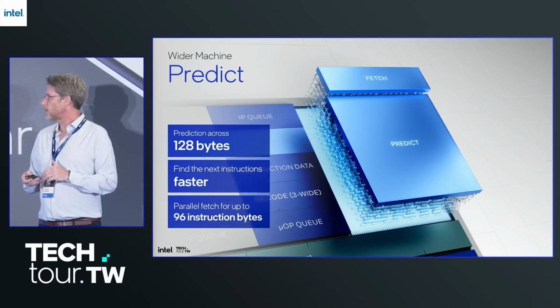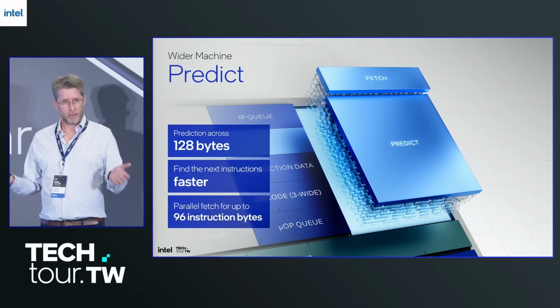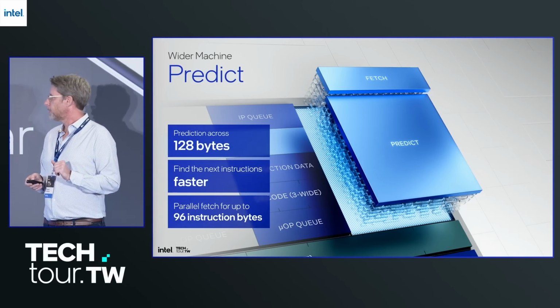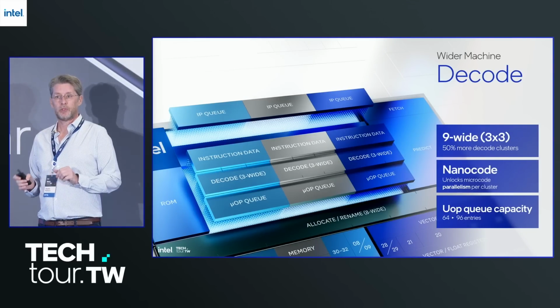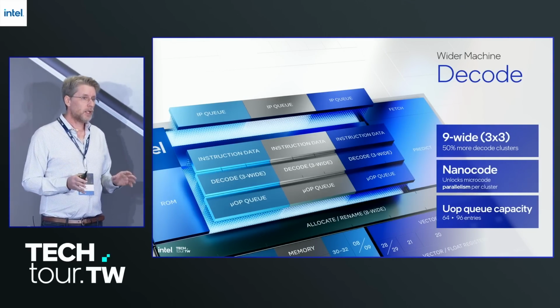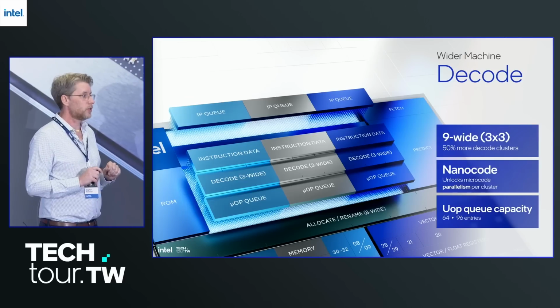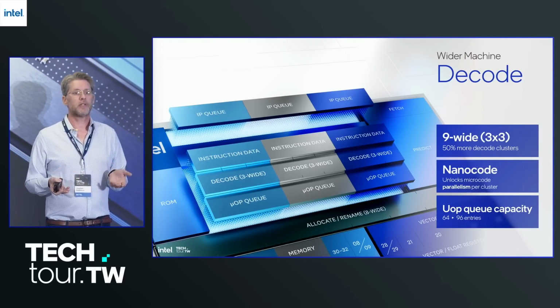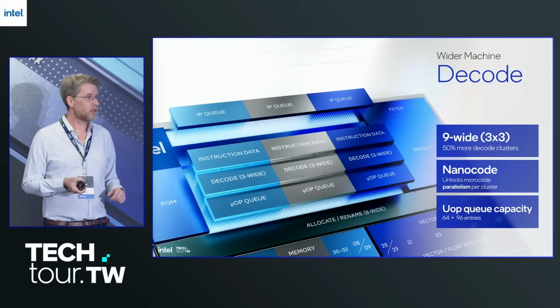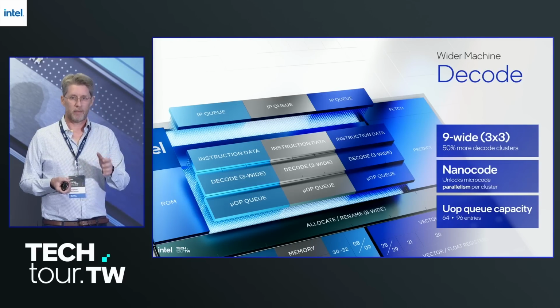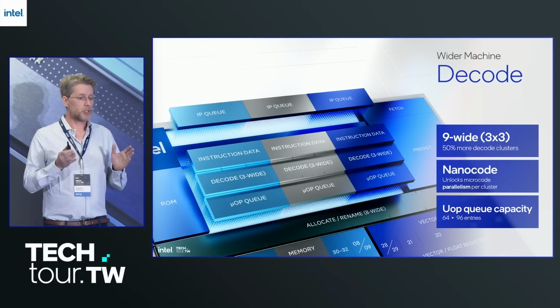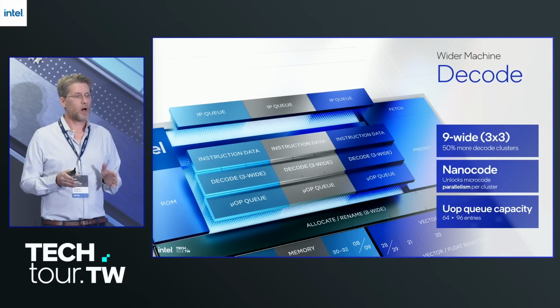Now that we can predict and fetch the data, we hand it to decode. Several generations ago, we introduced the industry to clustered decode. We did this on Tremont, in Gracemont, and we have it in Crestmont. This is two independent 3-wide decoders.